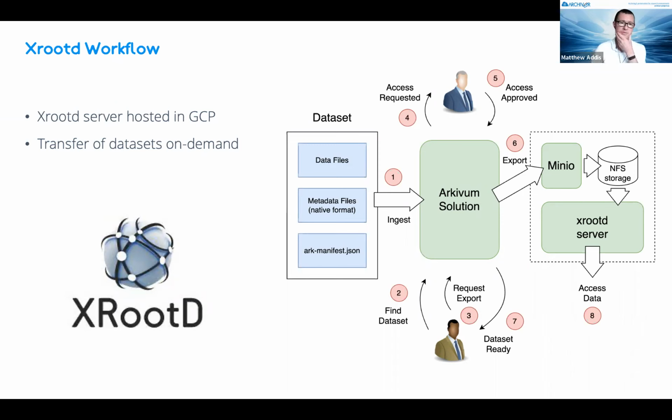So next I want to talk a bit about XRootD and making archive content accessible through domain-specific protocols. In this demonstration, I'm going to show how a data set can be ingested into the ARKIVUM solution and made available through an XRootD server.